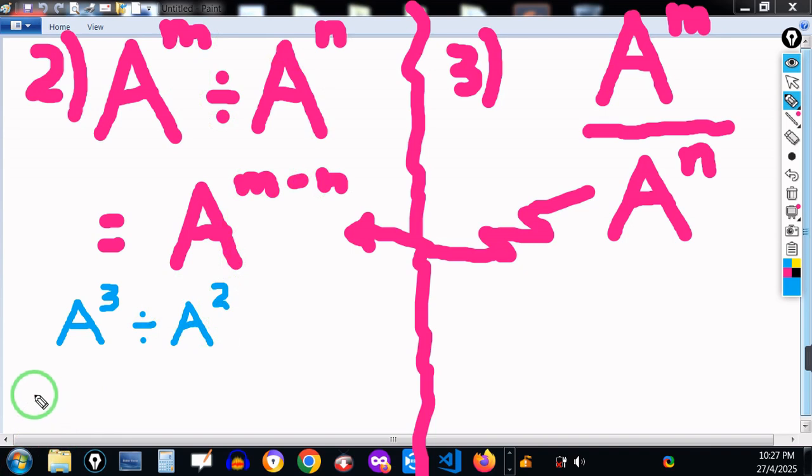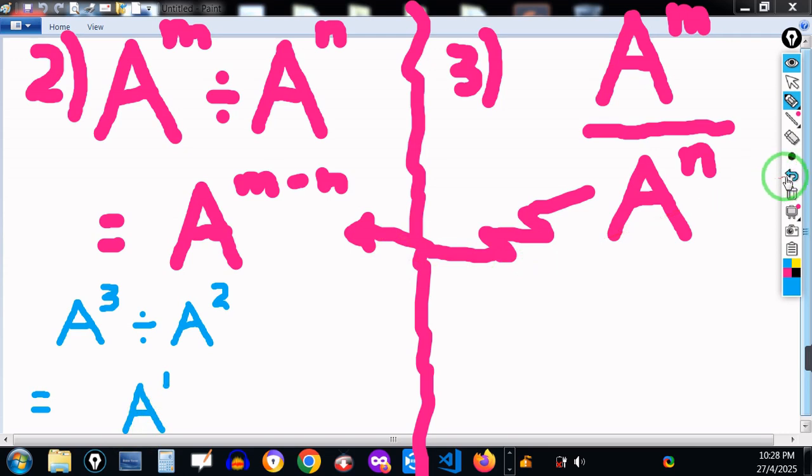The indices just subtract. So here a to the power of 3 minus 2, which is a to the power of 1. So the answer is a to the power of 1. Now this is too easy for us.